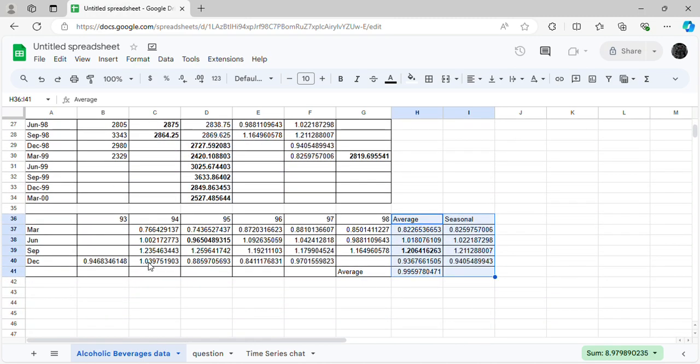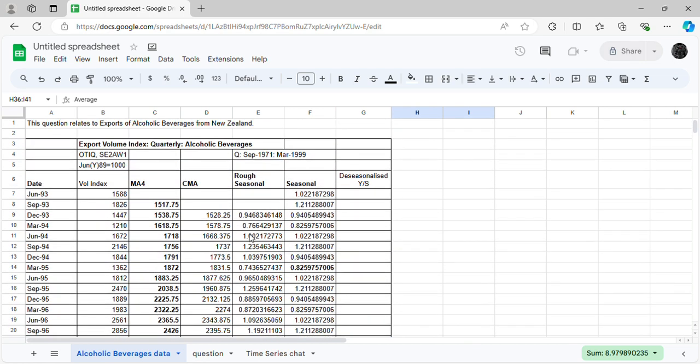And then for 1994, that will be for March, June, September, December. So rough seasonal for March, June, September, December.